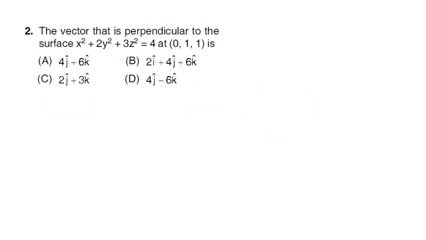The vector that is perpendicular to the surface x square plus 2y square plus 3z square is equal to 4 at 0, 1, 1 is. So if this is tangent, we have to find perpendicular to the surface at 0, 1, 1.